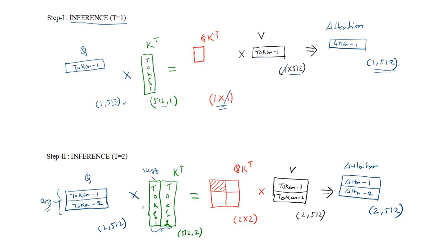We do the multiplication, so it becomes 2 cross 2. Earlier it was a 1 cross 1 matrix, here it is 2 cross 2. Now we multiply it with V, with tokens 1 and 2, so it is a 2 cross 512 matrix. The inner dimension 2 cancels, so it becomes 2 cross 512.